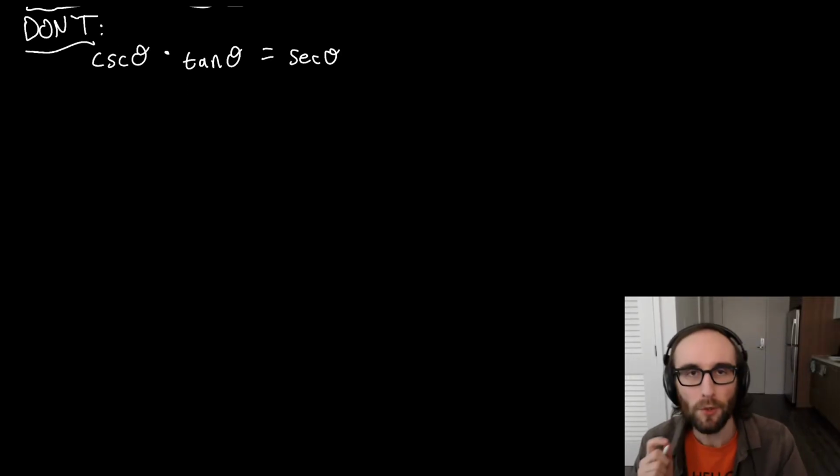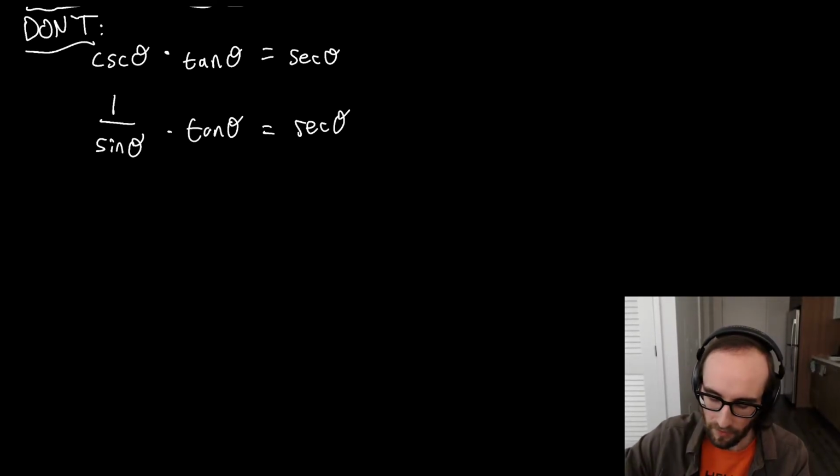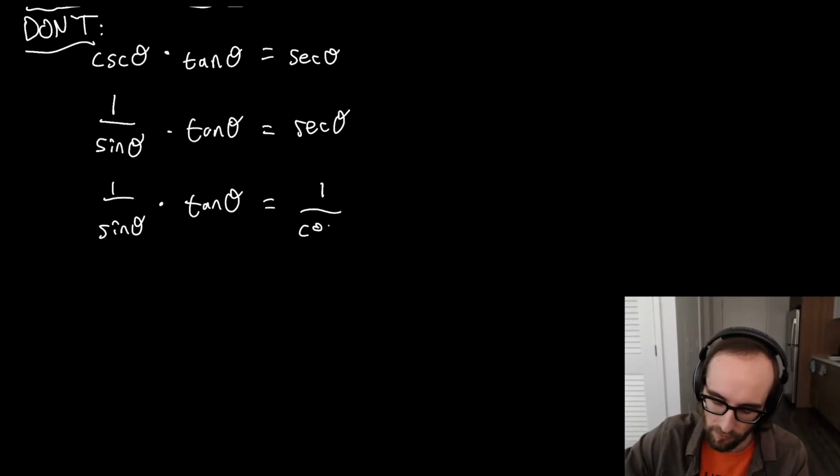So we don't want to assume this equation is true and then work with it as we would a normal equation. An example here: cosecant of theta is 1 over sine of theta. Then we have tangent of theta, and then we have secant of theta. So here we could maybe realize, if we assume this is true, that secant of theta is 1 over cosine of theta.